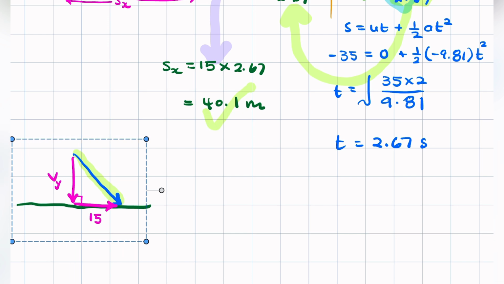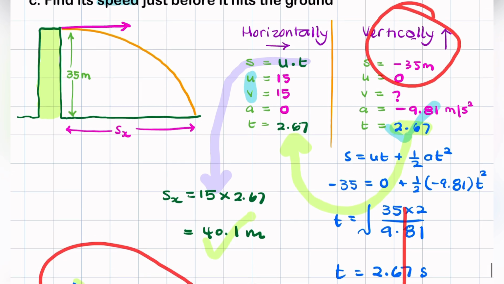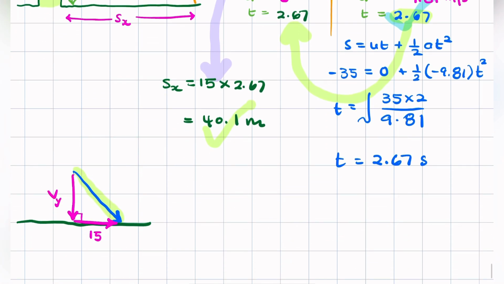So let's find Vy. To find Vy, we need to operate in the vertical direction. You can use any of the equations of motion. I'm going to use the one that doesn't involve the time, just in case we made a mistake earlier.